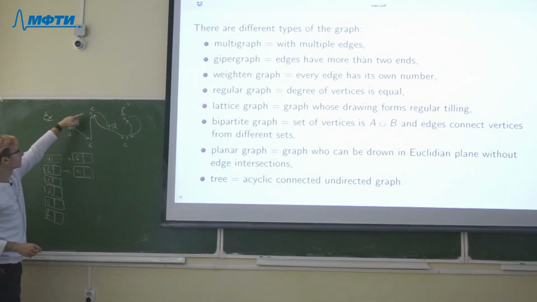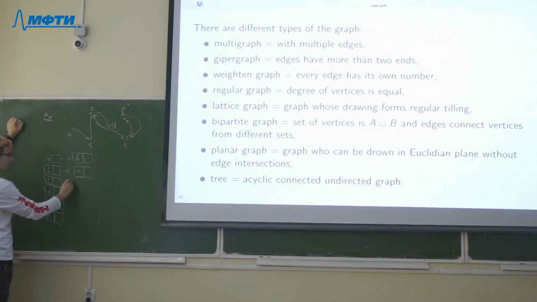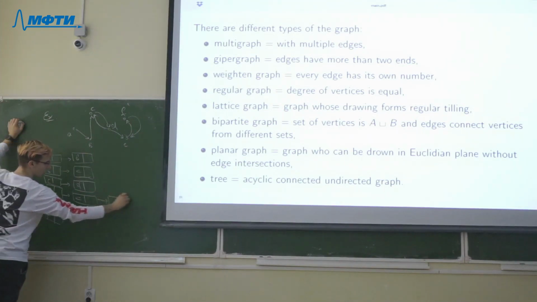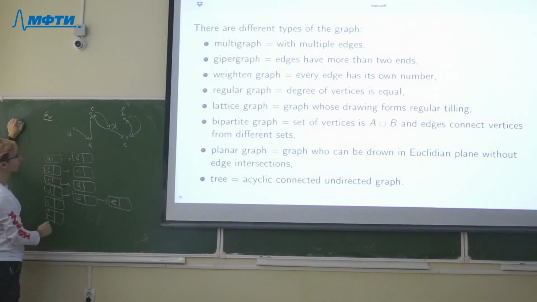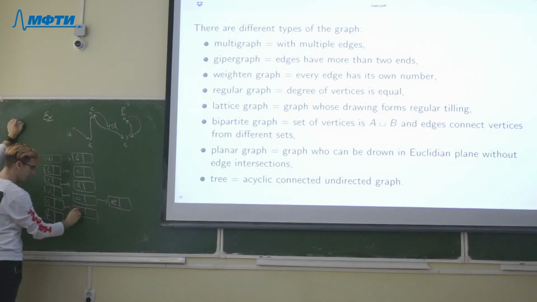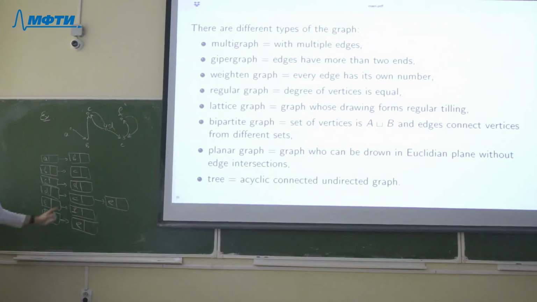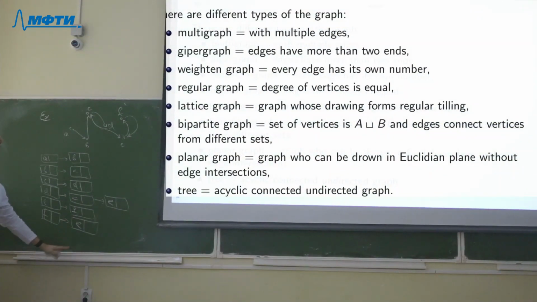So for C, only D. For D, there are 2 vertices. Okay. For E, only F. For F, only E. Yeah? Understandable? Guys? Nice.